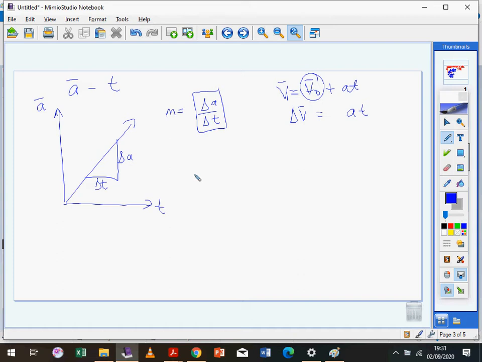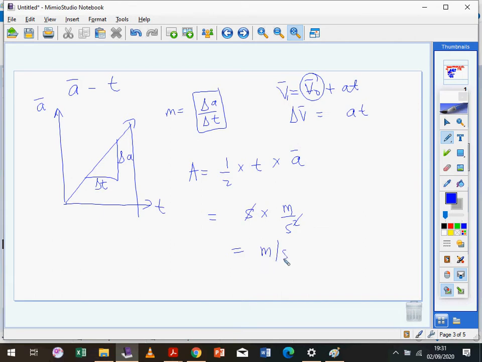Let's try to find the unit for the area under an acceleration time graph. Area again would be half times the base, which is time, times the height, which is some value of acceleration. If I work out the unit, this is seconds times meters per second squared, where one second cancels out, and I end up with meters per second.